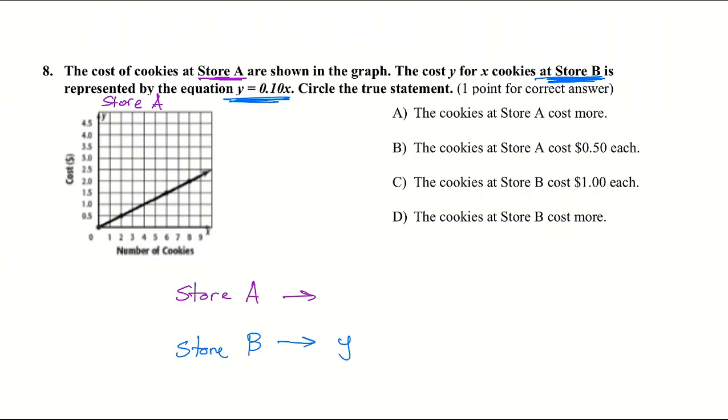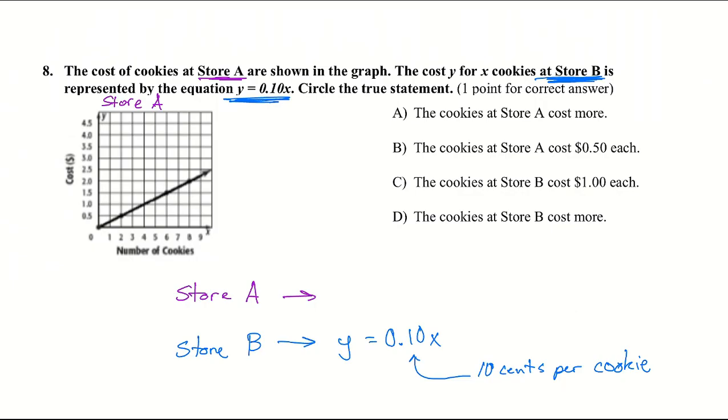Store B's equation is y equals 0.10x. And what this means here is this would be 10 cents per cookie.